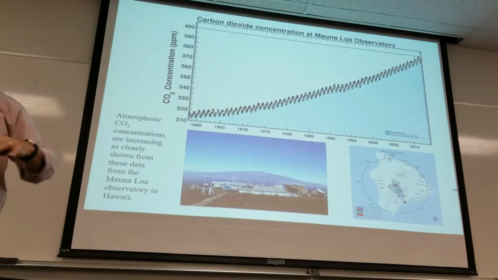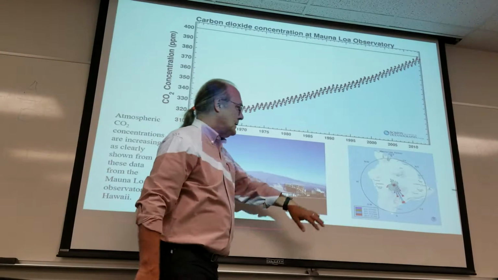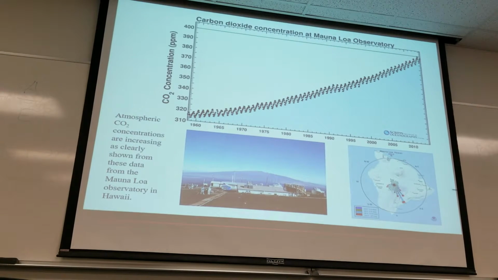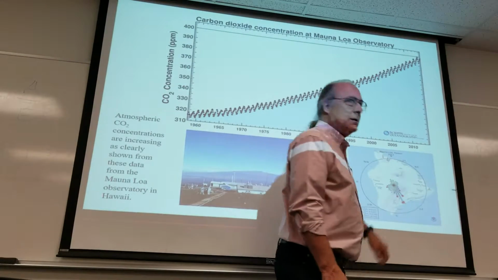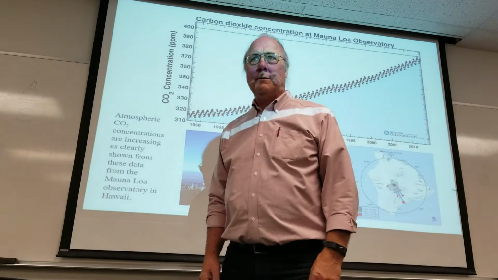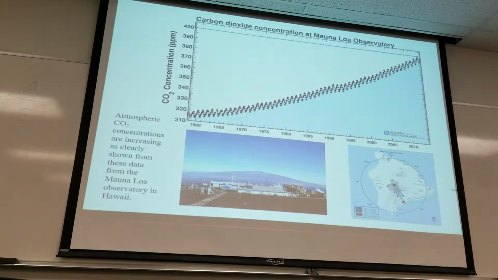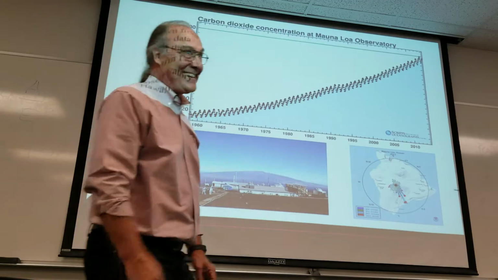There are several of these places around the world where concentrations of atmospheric gases are measured. And for some reason, a lot of times those are called mixing ratios. What's the mixing ratio of CO2? It just means the concentration. I don't know why you just don't say that. Maybe you know from physics why it's called mixing ratio.